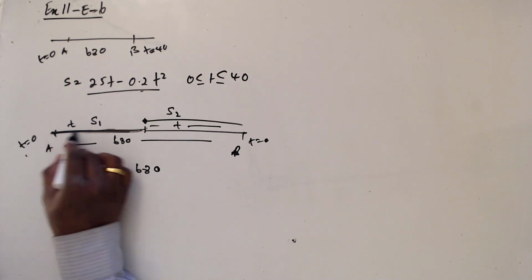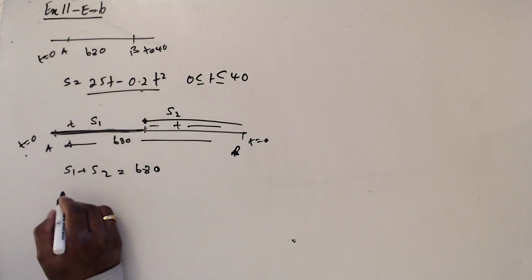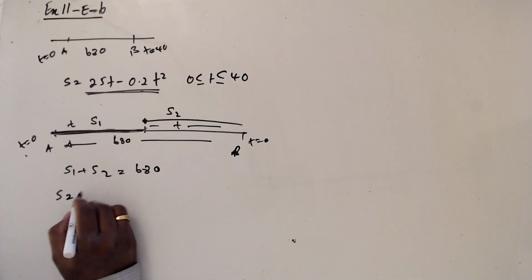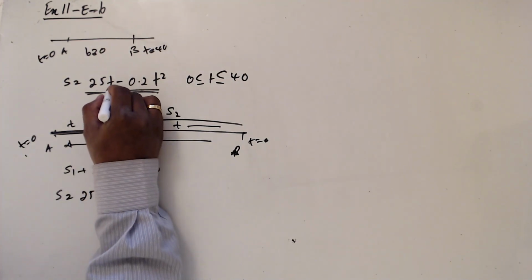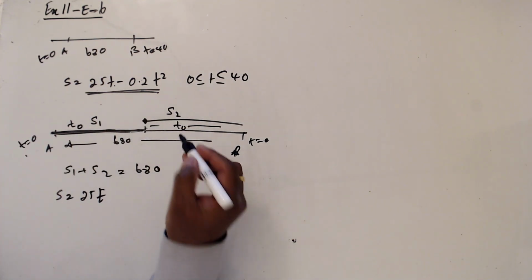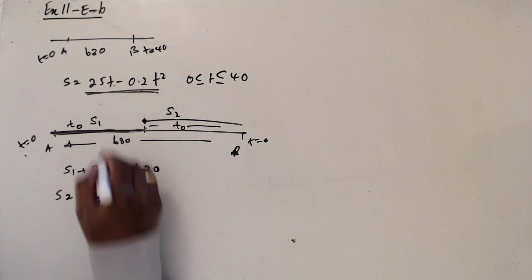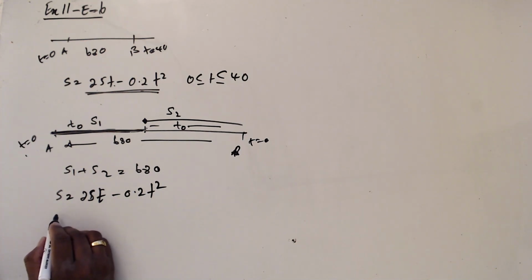Now for s1, to find this distance, we have the equation s equals 25t minus 0.2t square. I will use t naught for this time, so 25t minus 0.2t square.